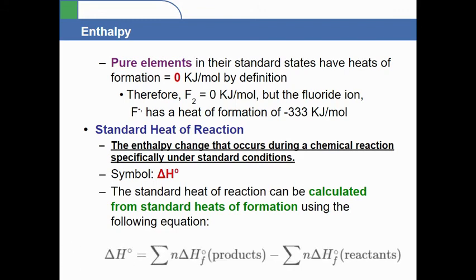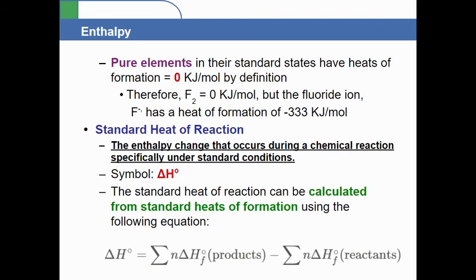Now, it looks complicated, but it's really not. All right. So what you got here is you simply add up the total heats of formation of the products, taking into account the number of moles. So you need a balanced chemical equation. So that's what that little n means, is number of moles.